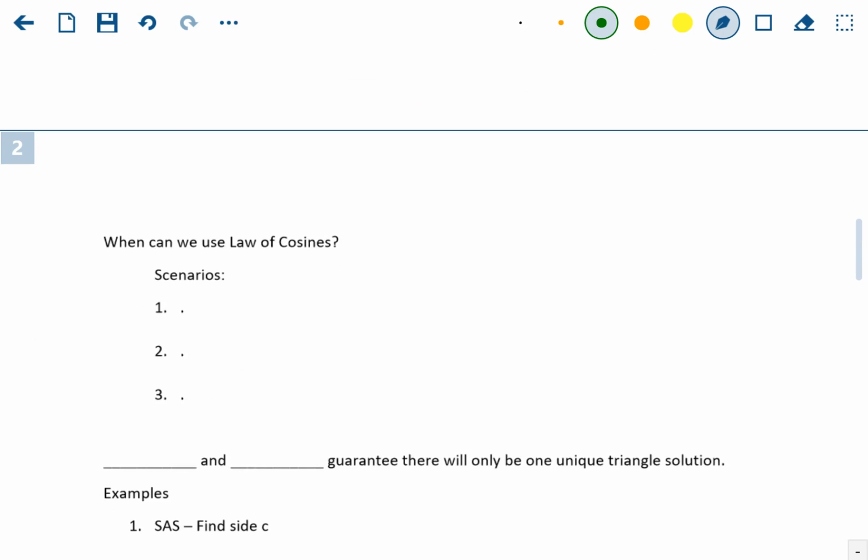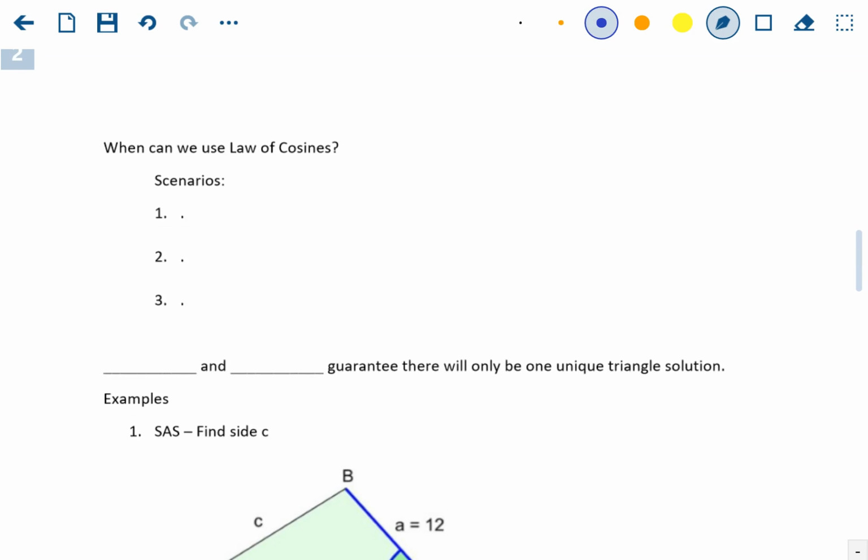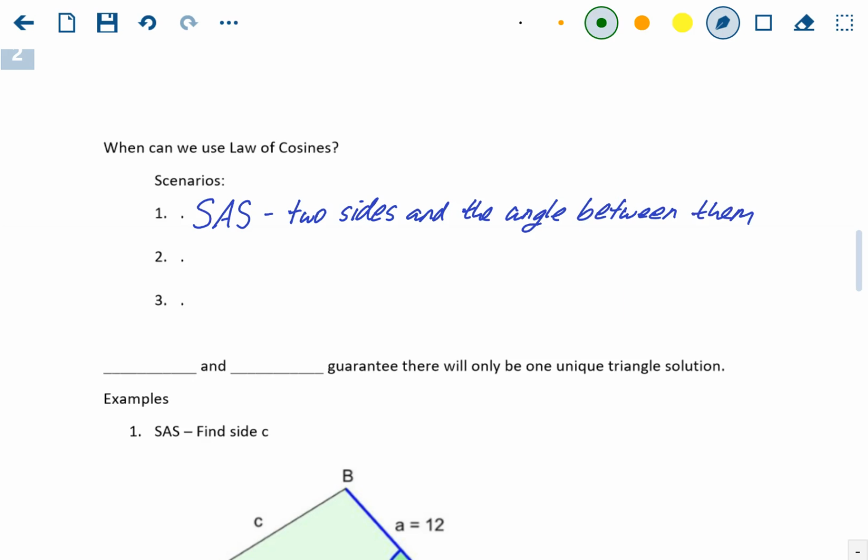All right. So when do we use law of cosines? There are three scenarios where we use law of sines. We're going to have two different scenarios here. The first one being side angle side. Side angle side means you have two sides and you know the angle between them. That was not in law of sines. The second one, side, side, side.